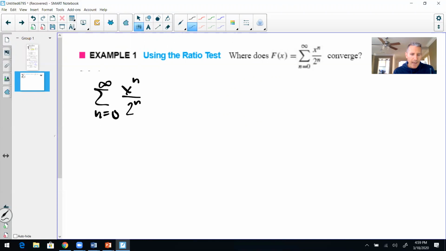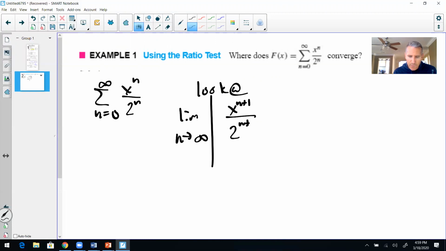So I'm going to look at the limit as n approaches infinity of the absolute value of the n plus first term. So all I'm doing is replacing the n's with n plus 1. So that's x to the n plus 1 over 2 to the n plus 1 divided by a sub n, right? So that's just going to be x to the n over 2 to the n.